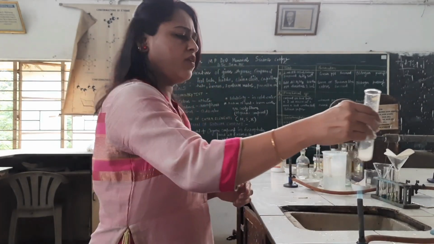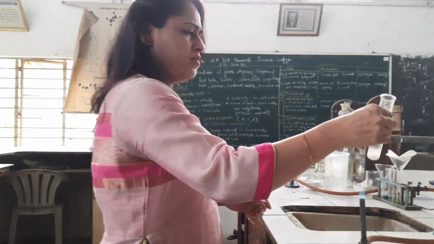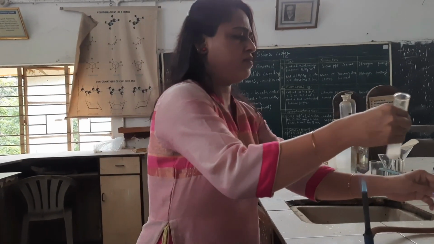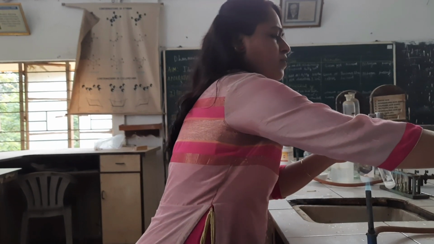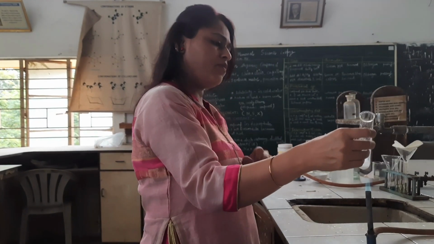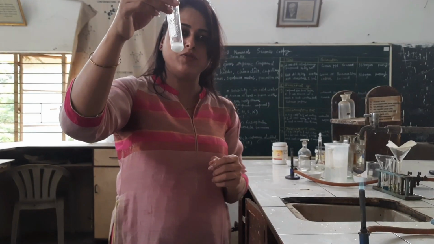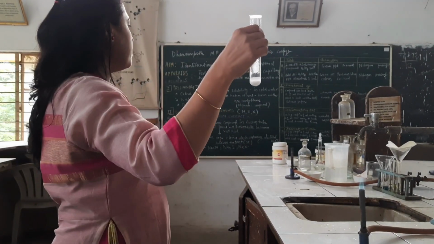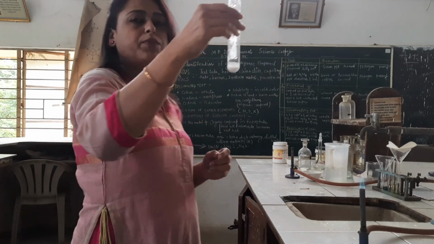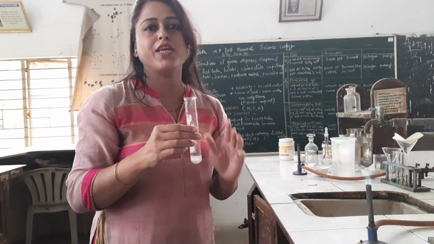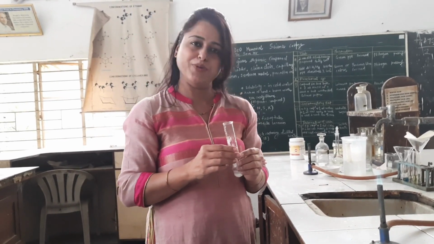After boiling this compound for 5 minutes, we will get this type of white precipitate of derivative of urea. This precipitate is urea nitrate. So it confirms that the given organic compound is nothing but urea.